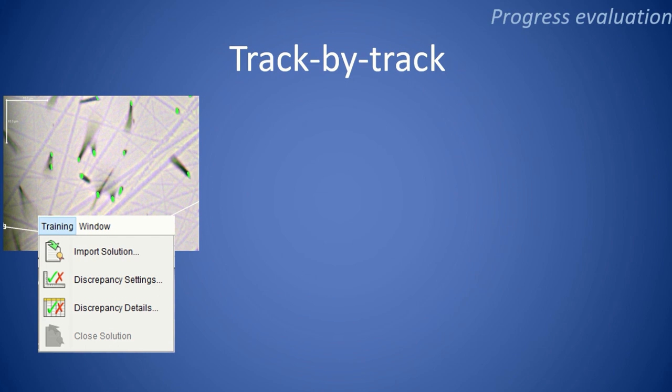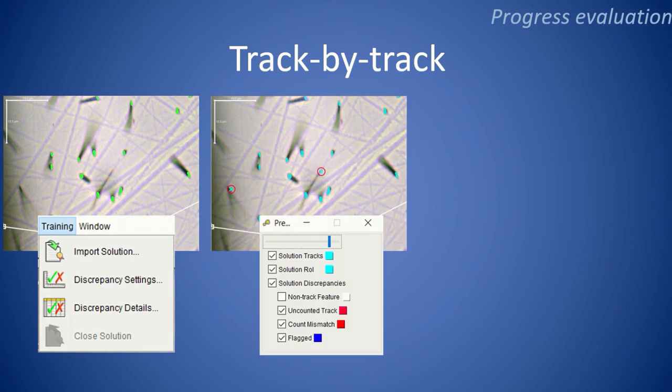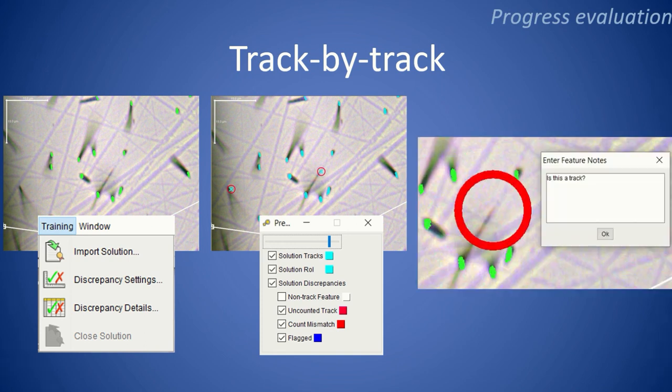The system then automatically compares the 2 sets of results and highlights any differences between them for correction, comments, or discussion. The highlighted features are marked with a colored circle, which indicates which of several different kinds of discrepancy have been detected by the software.